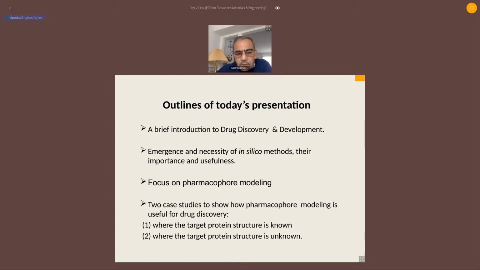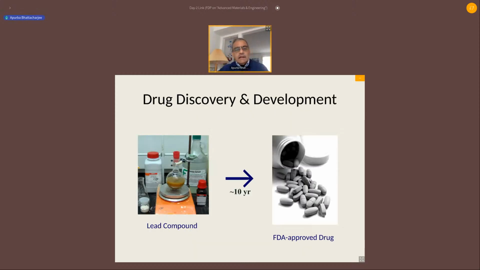In the next slide, I would like to mention that drug discovery and development is a complex and tedious process, in the sense that it takes almost 10 to 12 years for a new drug molecule to go from the bench of discovery to the shelf of a pharmacy.